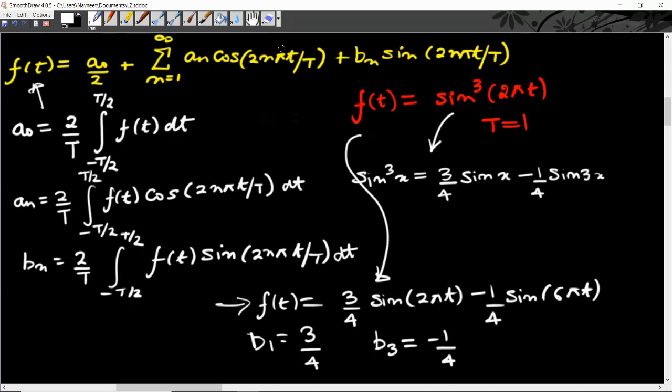Now let's look at more interesting examples of Fourier series.